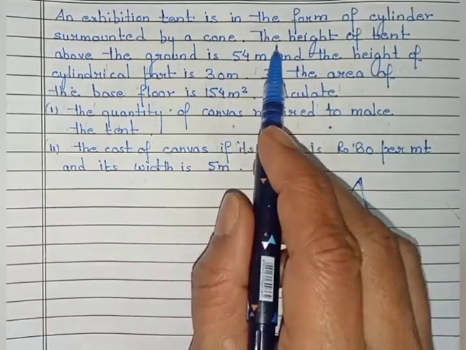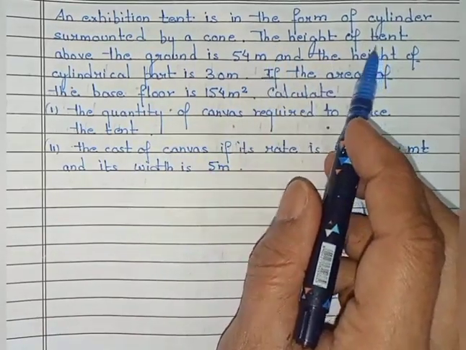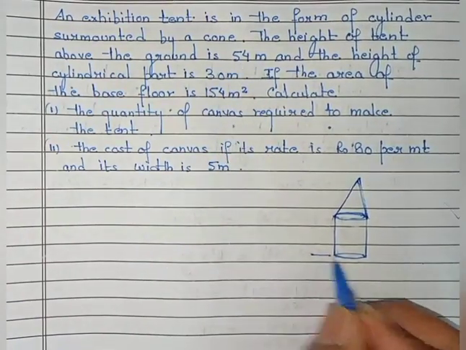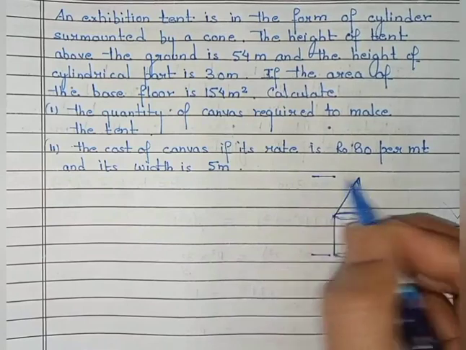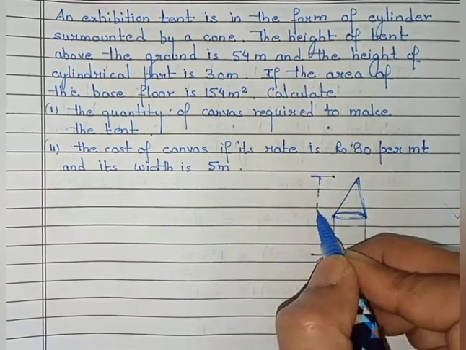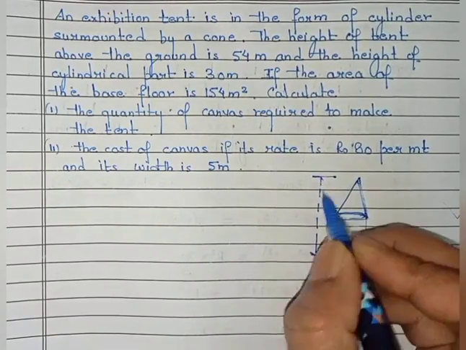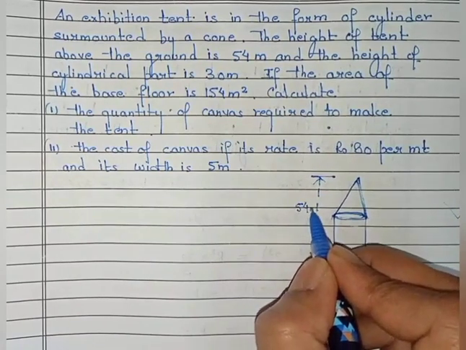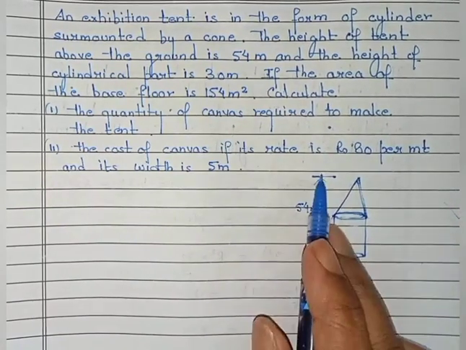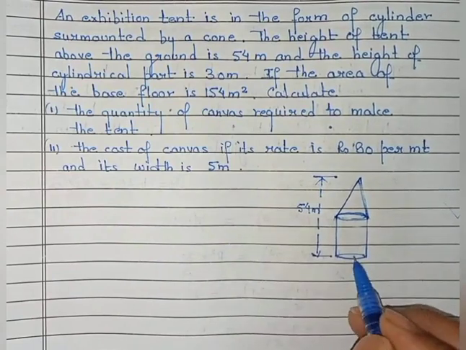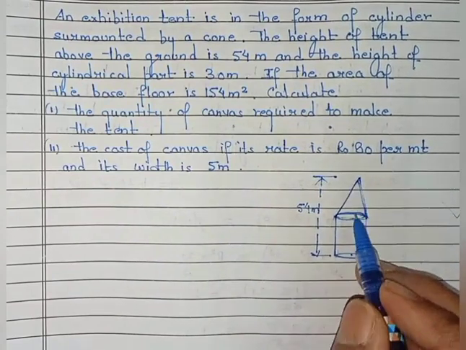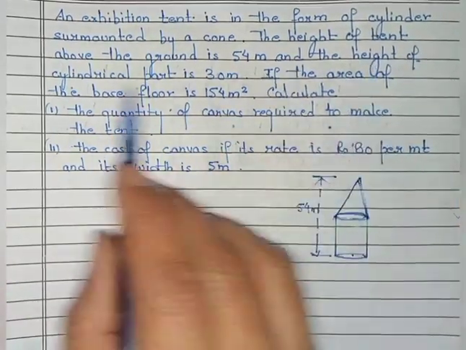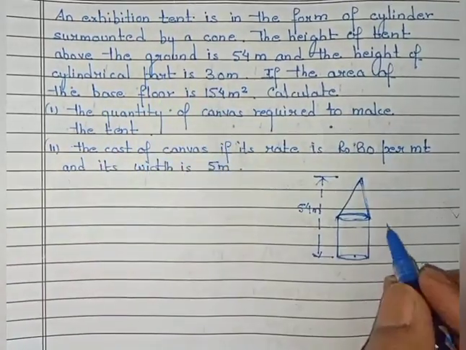Okay, now what else is given? The height of the tent above the ground. The total height, now this is the ground level and this is the height of the tent, is given as 54 meter. This height includes the height of the cylindrical portion plus the height of the conical portion, and the height of the cylindrical portion is 30.